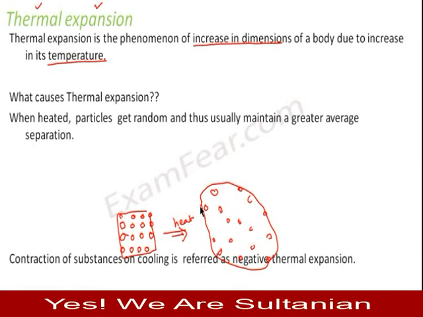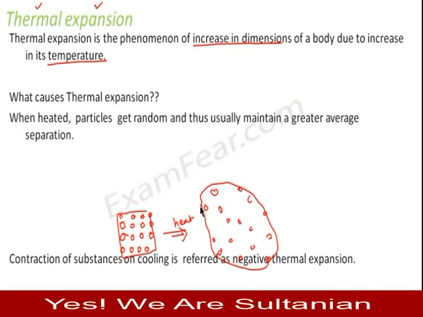As I said, when we heat a substance, it expands. Similarly, if we cool a substance, it tends to contract. That is, a substance generally tends to decrease in size when it is cooled. So contraction of substances on cooling is referred to as negative thermal expansion.